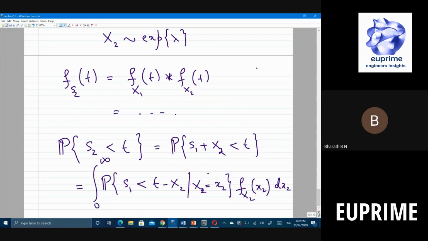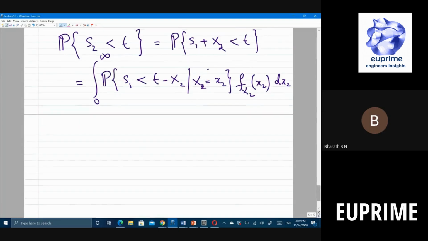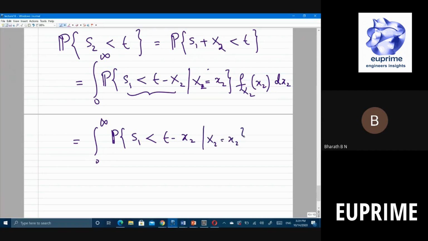Now, what is the next step, Rishabh? What is the probability of this event conditioned on X2? So I'll write one more step. This is the probability of S1 less than t minus small x2, conditioned on X2 equal to x2, times f_X2 of x2 dx2. What can you say about this now? S1 is the same as X1, and X1 and X2 are independent.